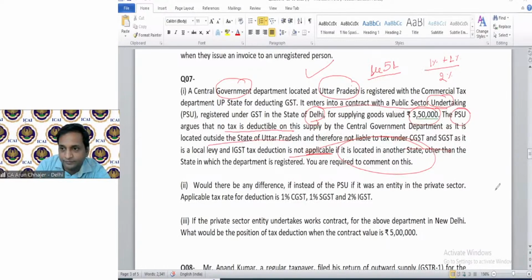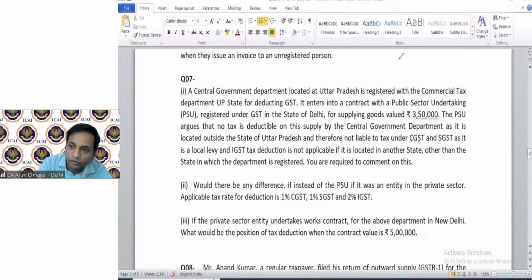However, the supplies made by the government to the PSU, or supply made in between all the categories who are covered under section 51, government societies, central government, state government, local authority, public sector undertaking, if they are making the supply to each other, then section 51 will not come into the picture. The TDS is exempted, not applicable.